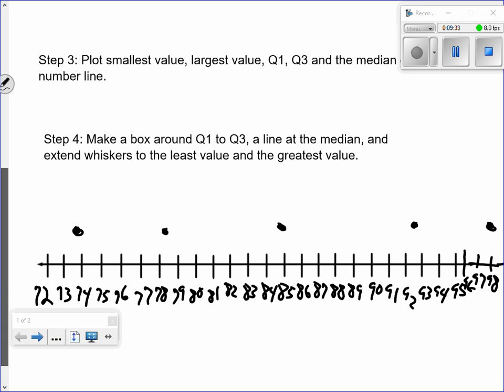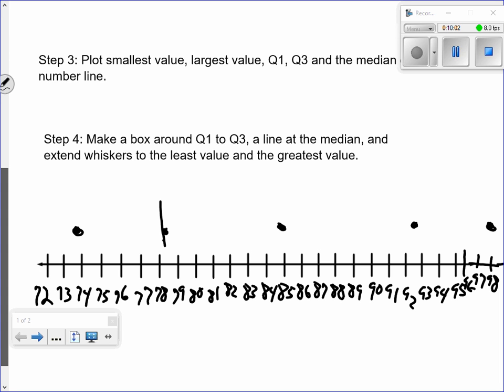This isn't complicated, is it? It's not very hard. It's pretty easy to do. So step 3, plot the smallest value, largest value, Q1, Q3, and the median on the number line. Got that done. Step number 4, make a box around Q1 to Q3. Okay, so here's what we do. We make a box.